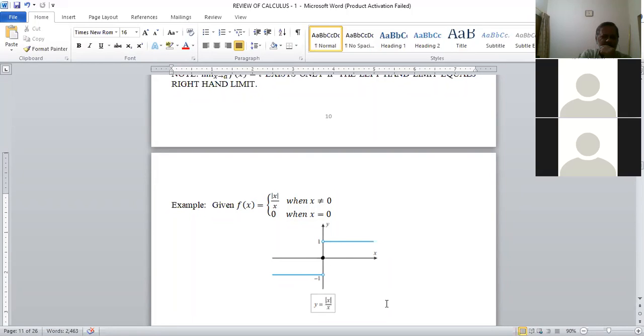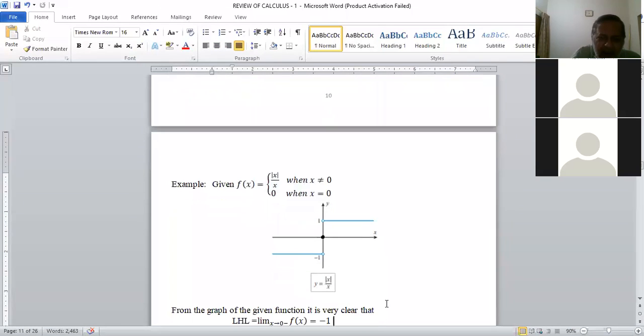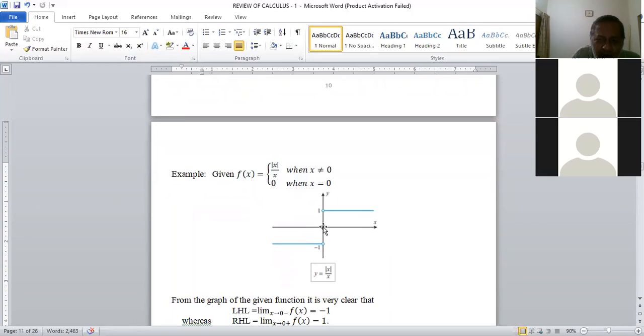So these kinds of functions come out of real situations, and it is very clear that if you come close to 0 from the right side, what are the y values? They are positive 1. From the left side, they remain negative 1. They never approach 0, because however close you are to 0, the value of y is -1, will remain -1.